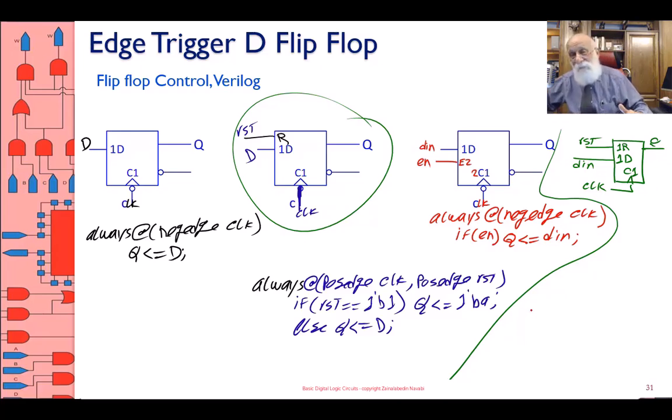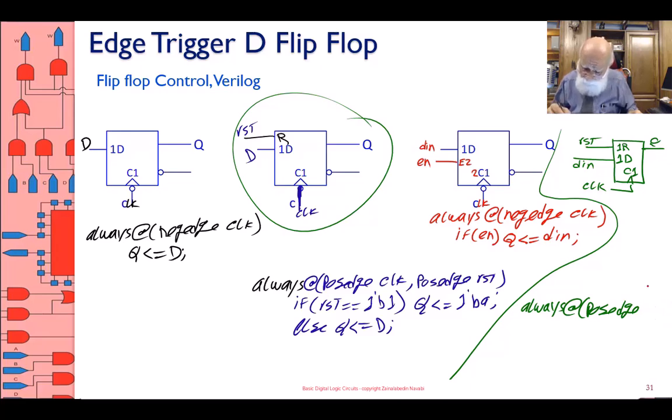Once again, the input output always the same. The output Q has to be reg always. On the pos edge of clock. Now then put reset in the sensitivity list, because reset cannot by itself come in and do anything. Clock is the one that controls even the reset.